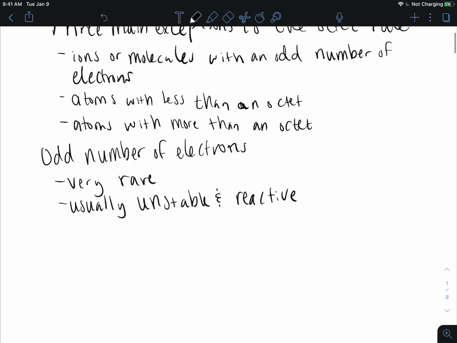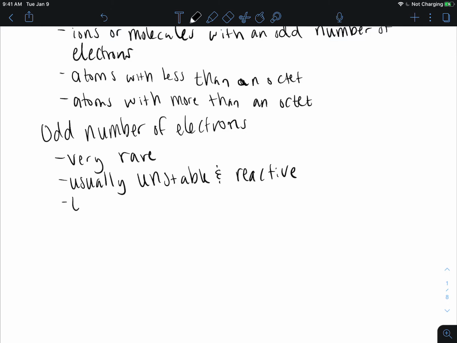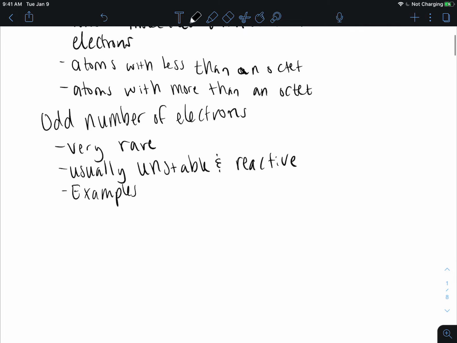So let's look at some examples. These are generally going to contain chlorine or nitrogen. So we've got ClO2, NO, NO2, and O2 minus, which are all examples.